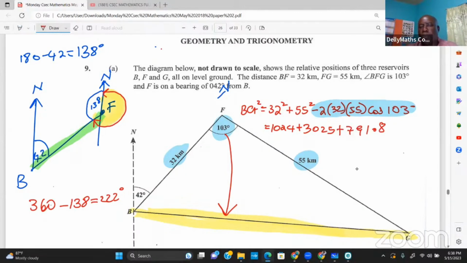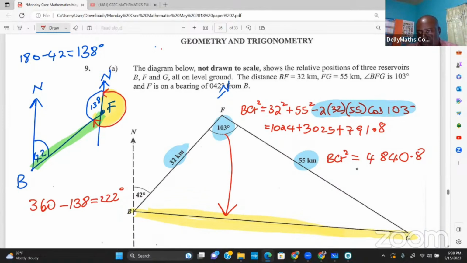So let's put all of that together. Now I could write BG square is 1024 plus 3025 plus 791.8. Make sure that everything is spot on. And I'm getting here 4840.8.